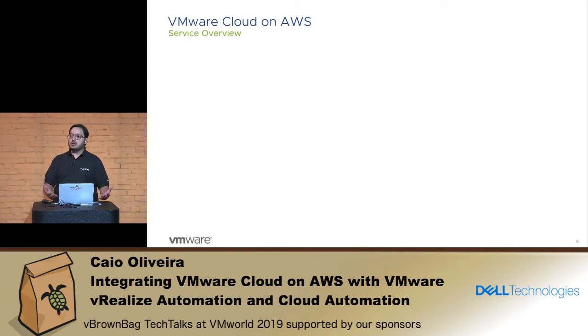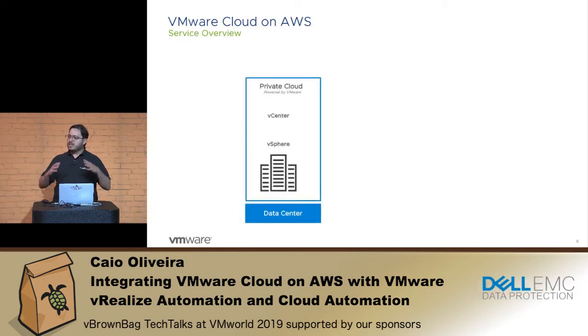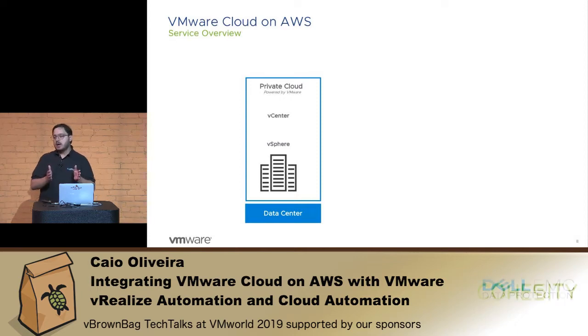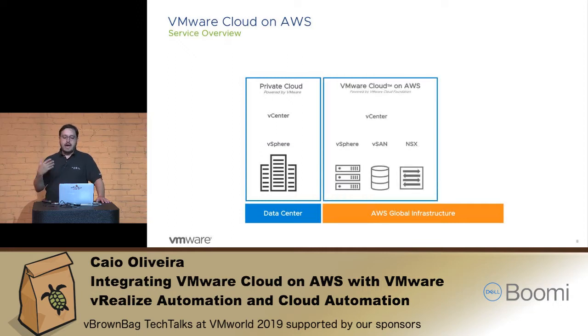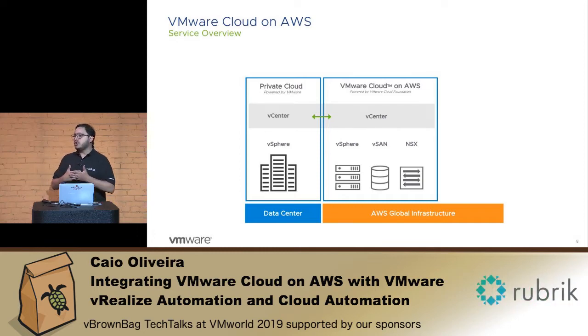Okay, what's the architecture of this solution? To create a hybrid solution, the minimum requirement is that in my data center, I should have vSphere and vCenter. Inside AWS Global Infrastructure, what am I going to have? I will have vSphere, vSAN, and NSX, and we developed a technology called Hybrid Linked Mode, so you can link the two vCenters to have a single pane of glass to operate and support your environment, right?